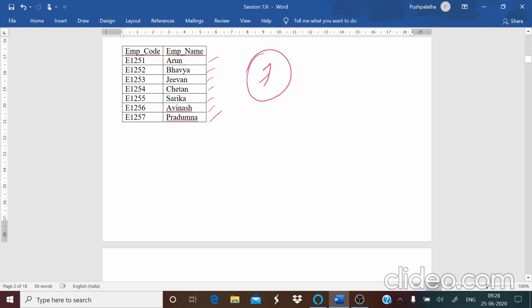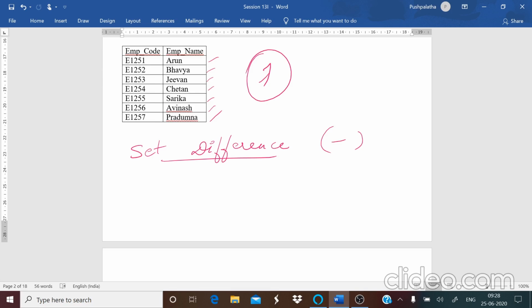The next one is your set difference operation. This operation gives you the tuples or the records which are present in one relation but not present in the second relation.